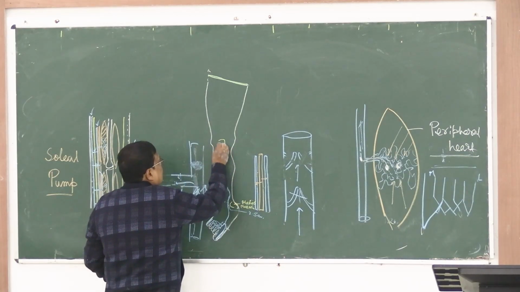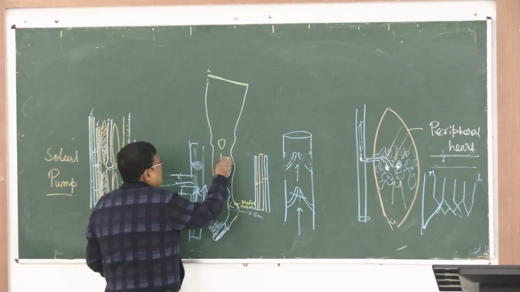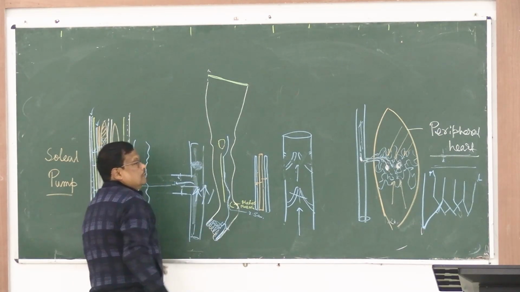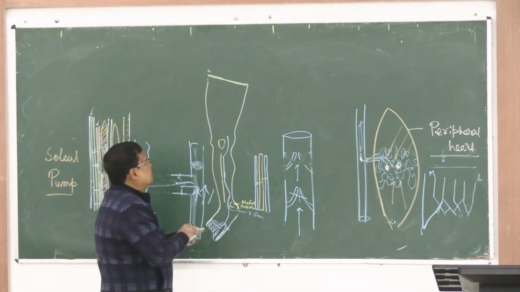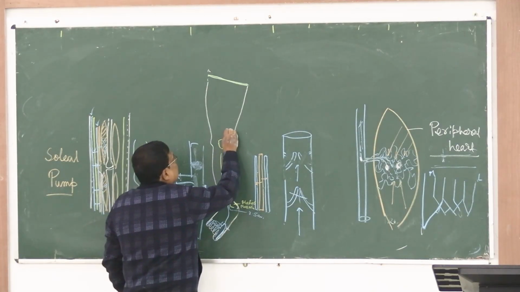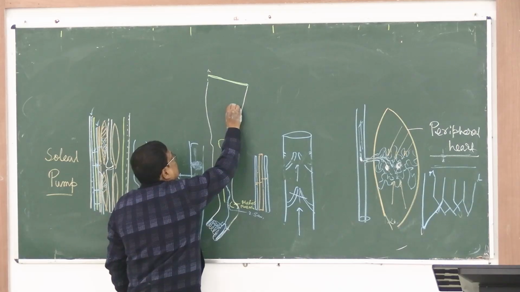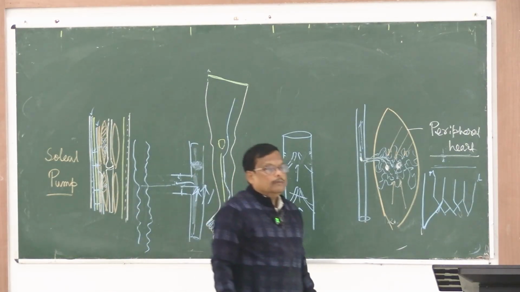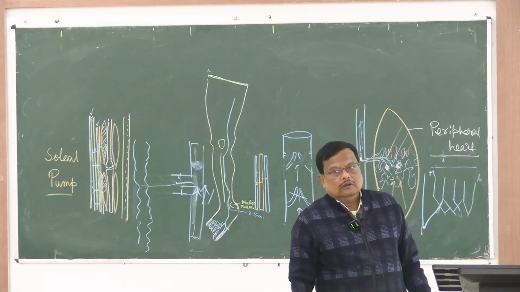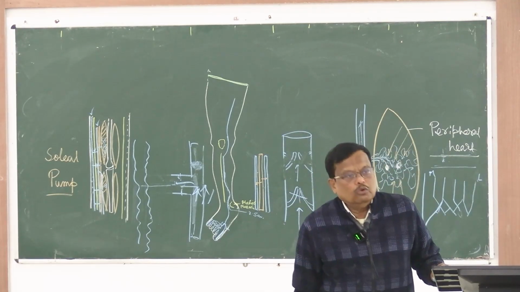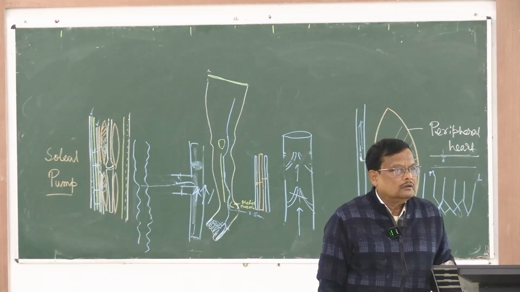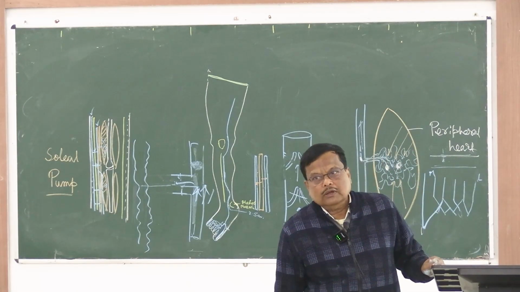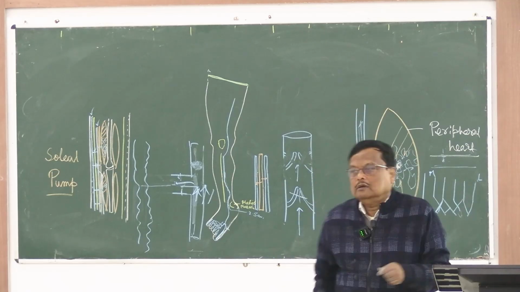This is the patella. Then it passes one hand breadth posterior to the patella, then along the medial aspect of the thigh up to the saphenous opening. You have done the femoral triangle. You know the saphenous opening? It is 3 centimeters below and slightly lateral to the pubic tubercle.